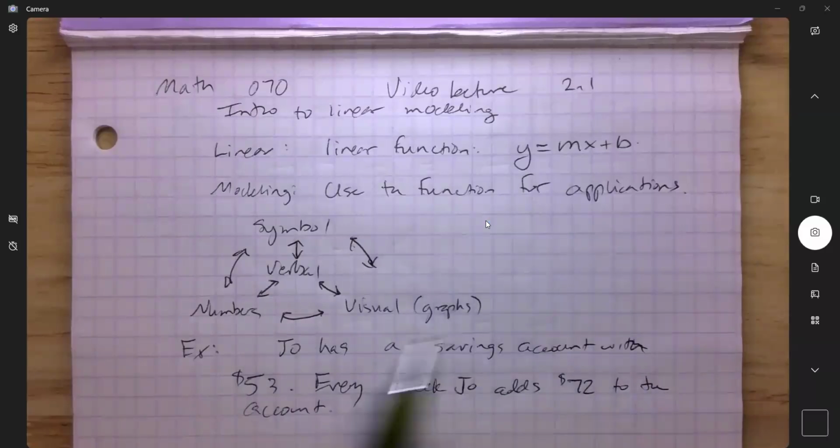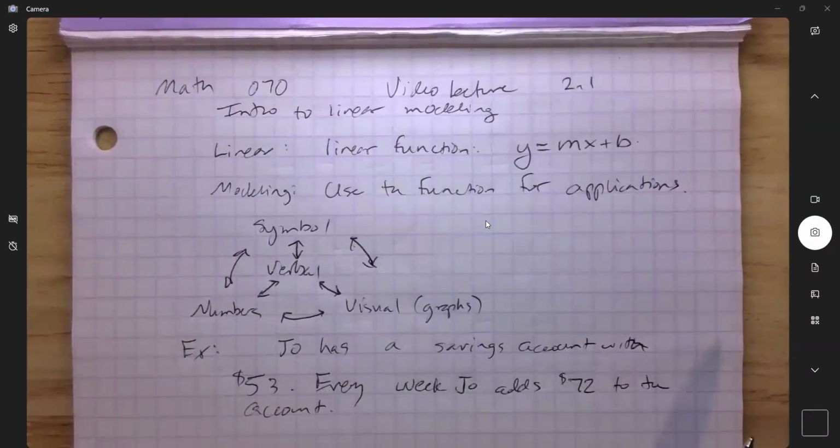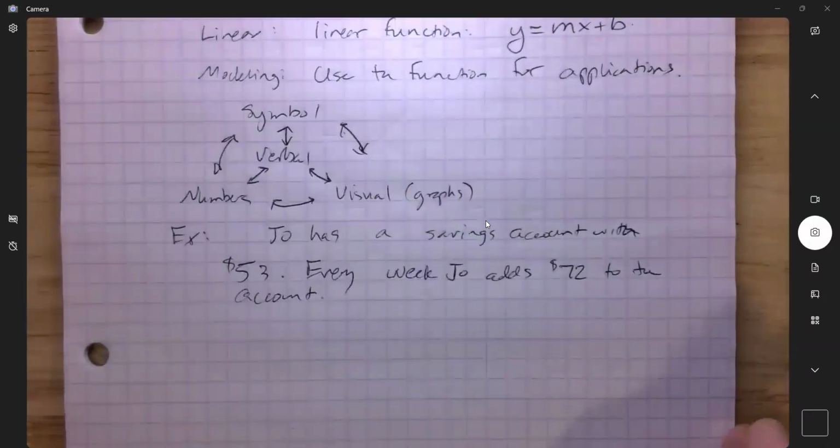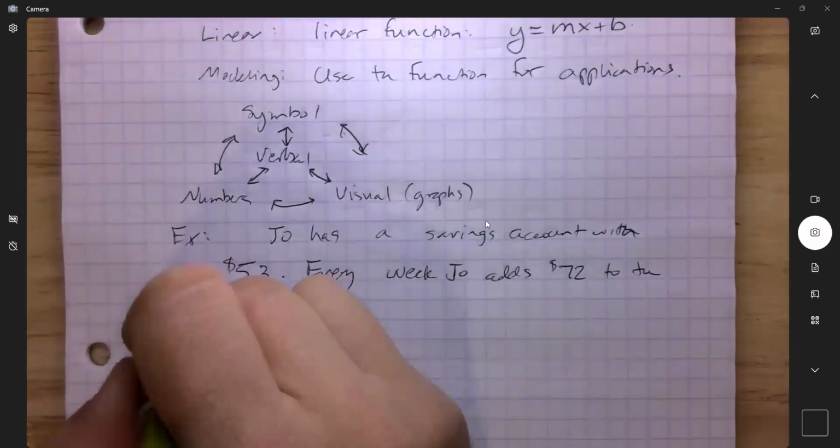So this is our situation. This is a verbal representation, and we can convert that to a symbolic, a visual, or a numbers representation. And then we can ask questions based on the situation. Before I ask the questions, I'm just going to switch it to each of those other representations.